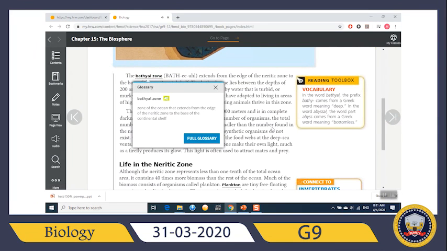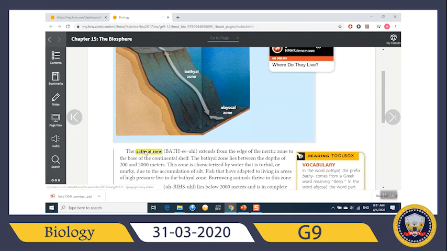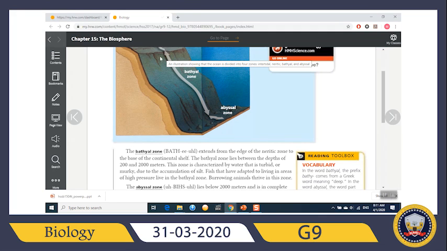Bathyal zone: the zone of the ocean that extends from the edge of the neritic zone to the base of the continental shelf. Let me show you first. So, it's from here to here, all of this is the bathyal zone.